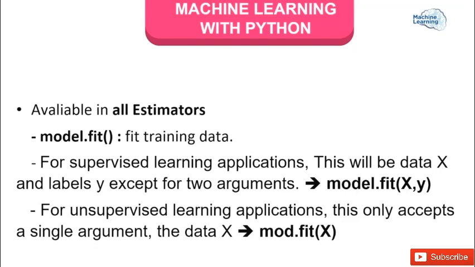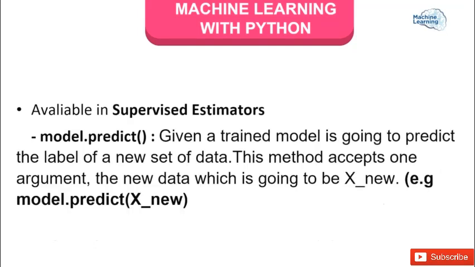Okay. Now, available in supervised estimators, you're going to have a predict method which, given a trained model, is going to predict the label of a new set of data. So this method accepts 1 argument, the new data, which is going to be X_new. In the previous example, it was X_test.